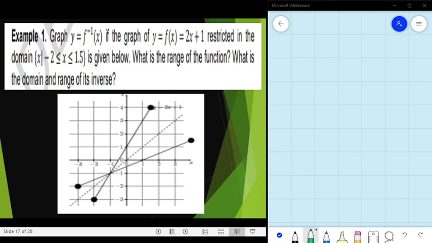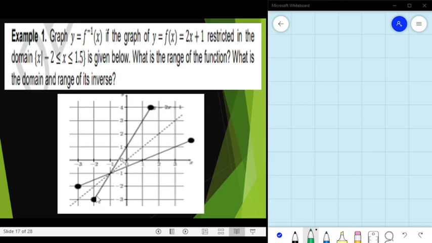If we are going to graph y equals 2x plus 1, we have this. When x is 1, 2 times 1 is 2 plus 1 is 3, so the point (1, 3) is here. When x is negative 2, 2 times negative 2 is negative 4 plus 1 is negative 3, it's also here.